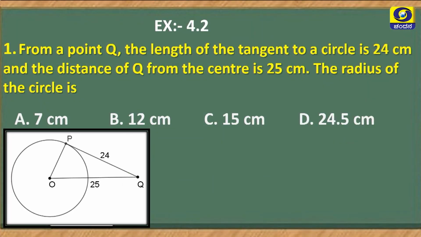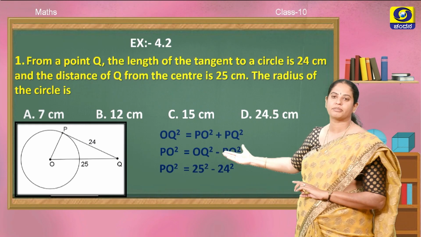So, we have a figure for the statement. Here PQ is 24 centimeter and OQ is 25 centimeter. We have to find the length of the radius, that is OP. According to Pythagoras theorem, hypotenuse square is equal to the sum of the squares on the other sides of the triangle. Hence, OQ square, we know it is 25 square, which is equal to PO square plus PQ square, which is 24 square. We do not know PO square. Substitute the values in the equation, or we can express the same statement for PO square.